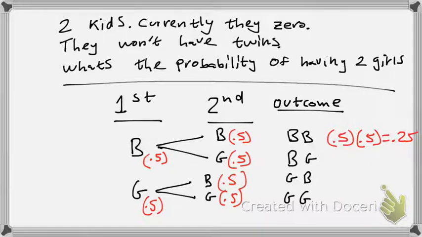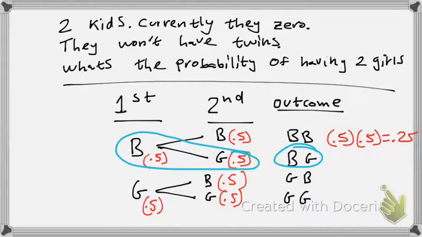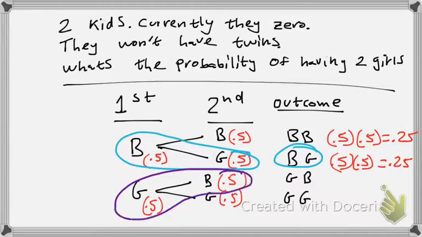And then you would go on to do the other ones. Let's say if I want to figure out the probability of having a boy and then a girl, you look at boy and then girl right here. Do the same thing. You multiply 0.5 times 0.5. And it also gets you 0.25. And if you notice, we're actually going to get 0.25 for all of them, because all the probabilities here are 0.5.